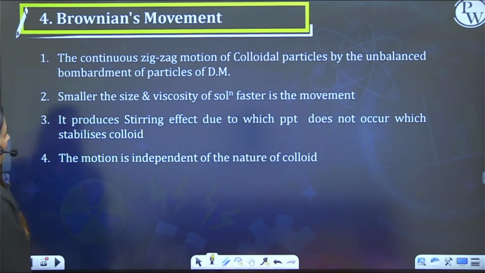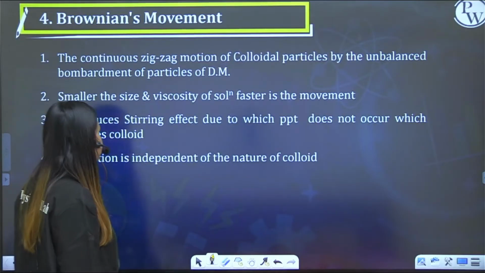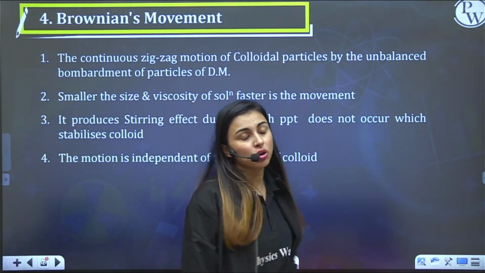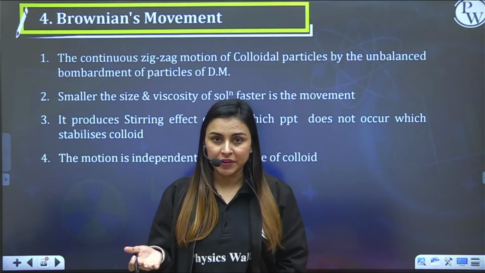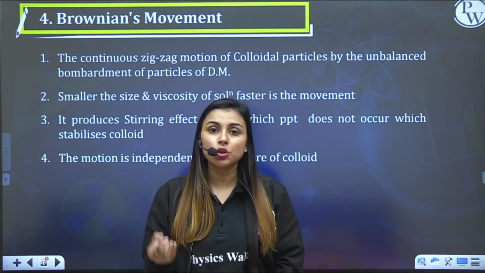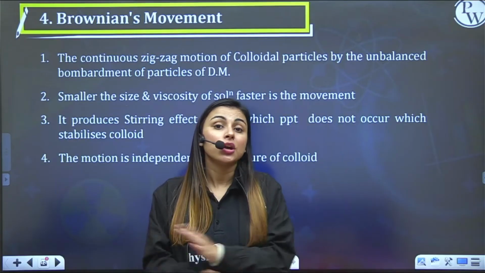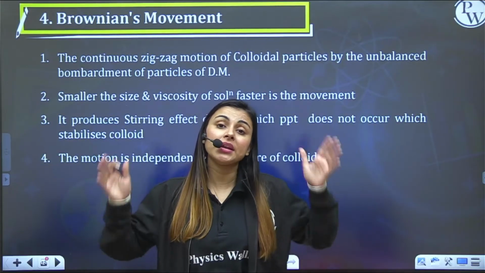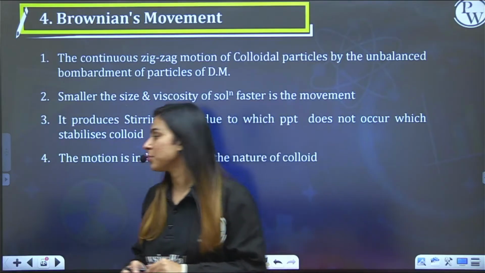Perfect. It produces a stirring effect due to which PPT does not occur, which stabilizes the colloid. Now see, since they move in the zigzag manner, that is a stirring effect. If this stirring effect stops, your particles will settle down and aggregate together and form PPT, which we don't want. We want them in the colloidal range, and for that they need to keep on moving, right? Yes, perfect.